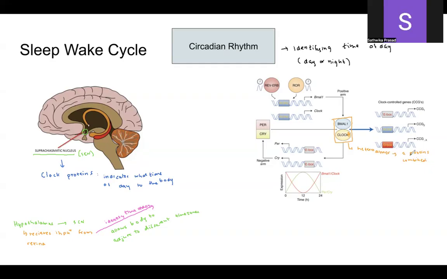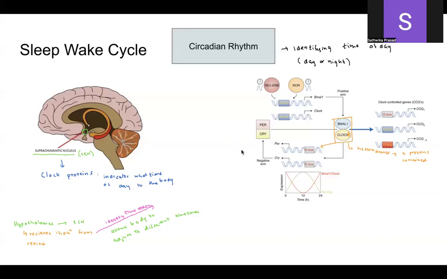And this heterodimer binds to the E-box, a certain region on the gene's promoter region, or in other words, the region of the gene that allows for transcription.